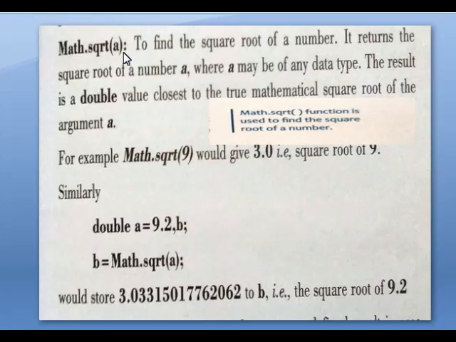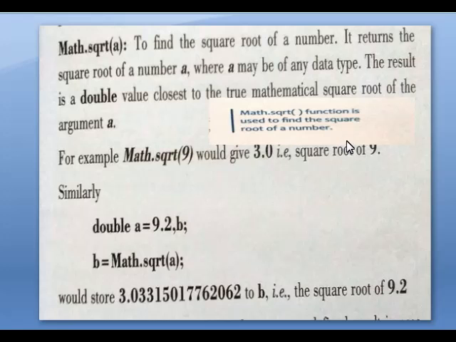It returns the square root of a number a, where a may be any data type. The result is a double value closest to the true mathematical square root of the argument a. Argument means the variable that is inside the brackets. So here you see the Math.sqrt function is used to find the square root of a number.